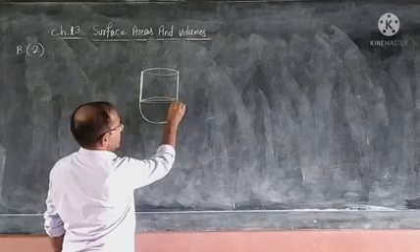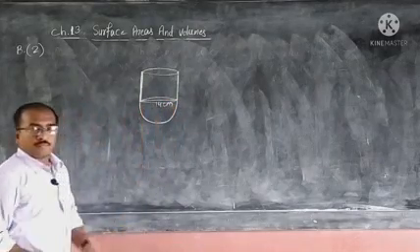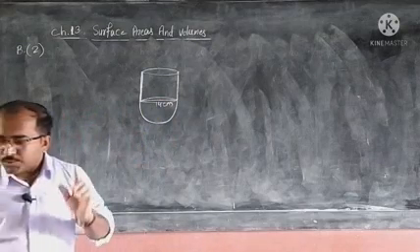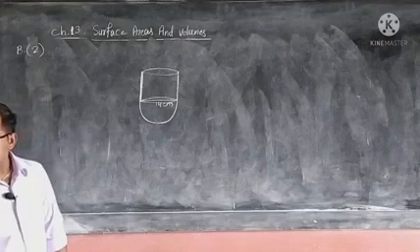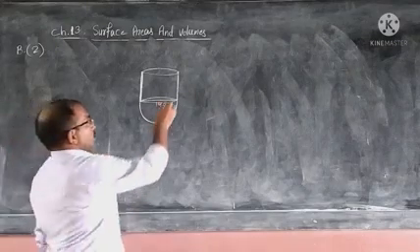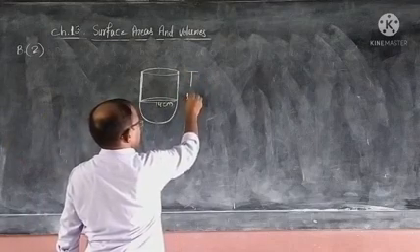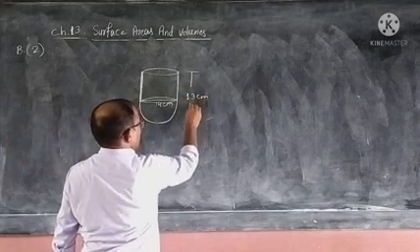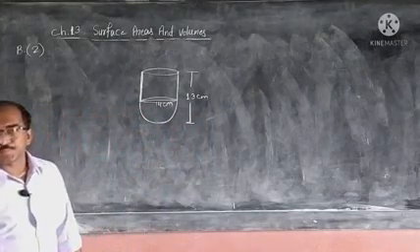So this is 14 centimeter. Next, the total height of the vessel is 13 centimeter, including the cylindrical portion and the hemispherical portion, that is the total height of the vessel.